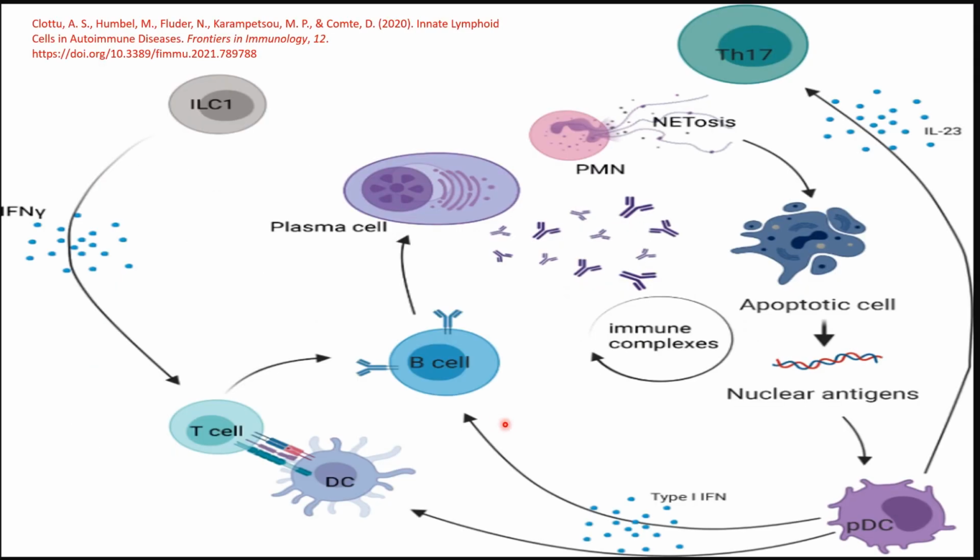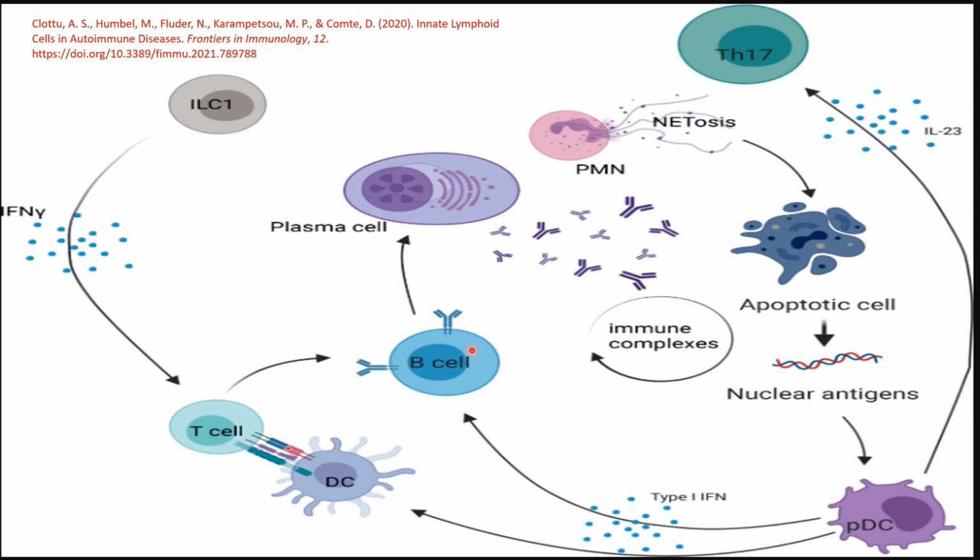Here is a simplified diagram about the pathogenesis of systemic lupus erythematosus, where we have apoptotic cells and nuclear antigens that will stimulate plasmacytoid dendritic cells. These plasmacytoid dendritic cells will stimulate T helper 17 pro-inflammatory cells through interleukin 23, and also will stimulate the T cells and B cells.